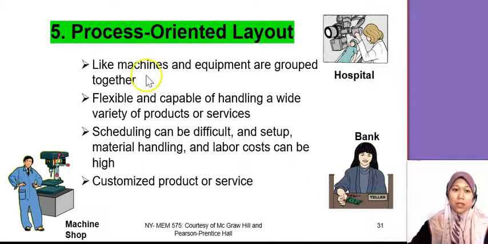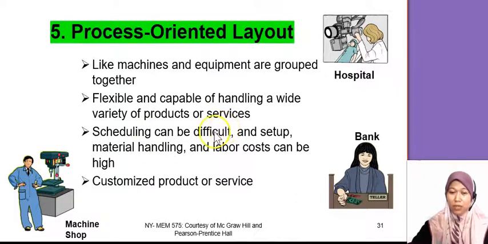Machines and equipment are grouped together. For example, in a hospital, all the X-ray machines are in the imaging department, and all the ultrasound machines are in another department. So each department has its own machines and equipment, and special personnel to handle them. Scheduling can be difficult.